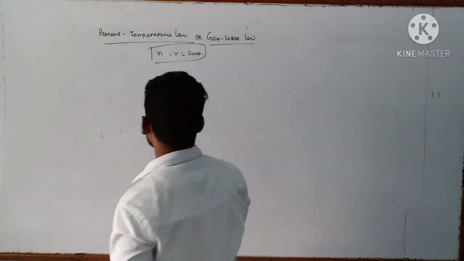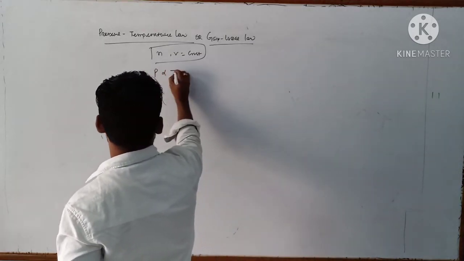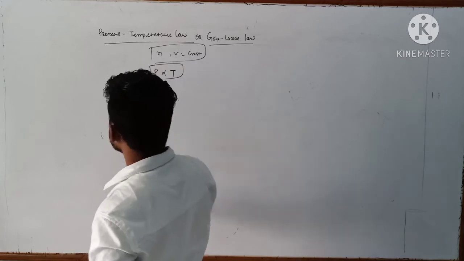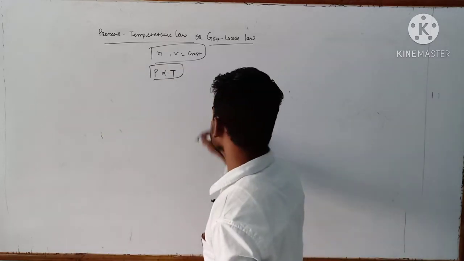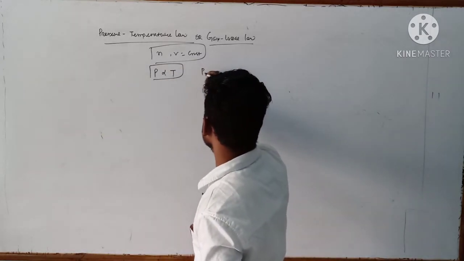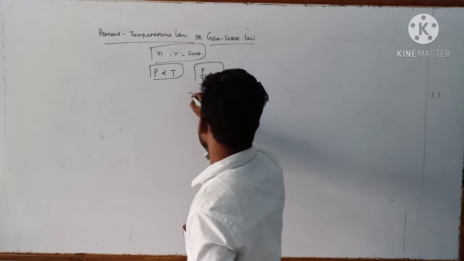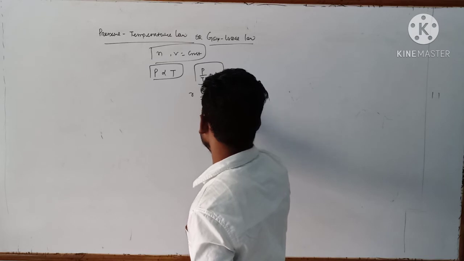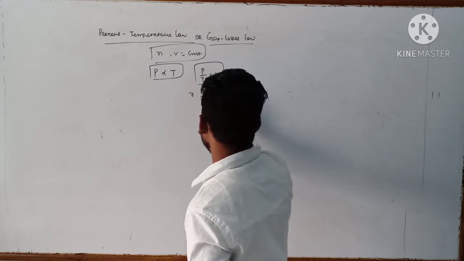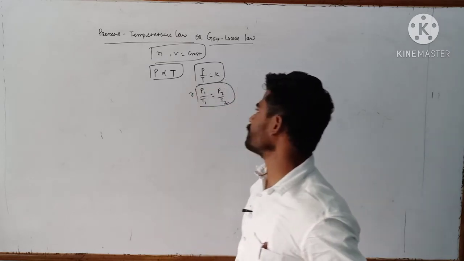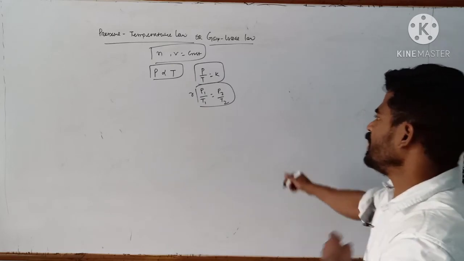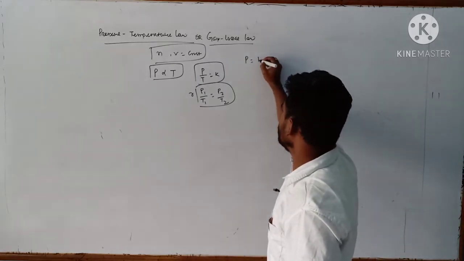So what will be the relationship between pressure and temperature? Pressure of the gas is directly proportional to absolute temperature, or you can write P by T is equal to K, or you can say P1 by T1 is equal to P2 by T2. Am I right? So P is equal to KT.